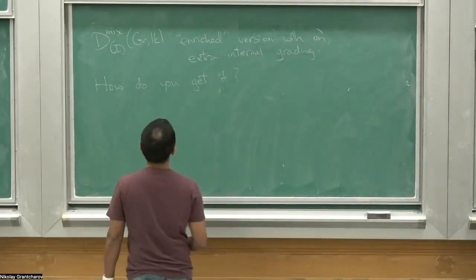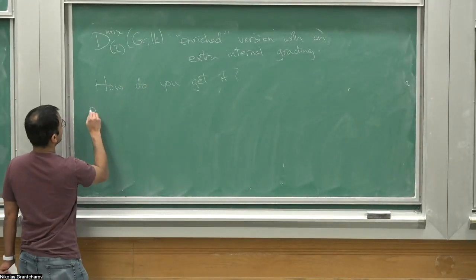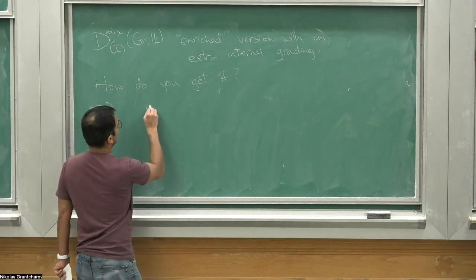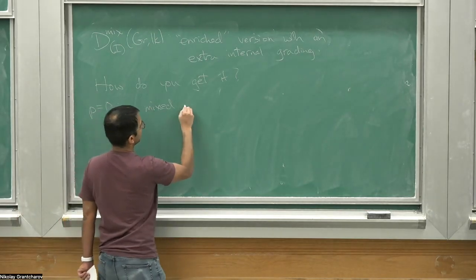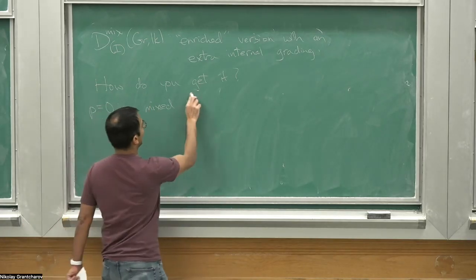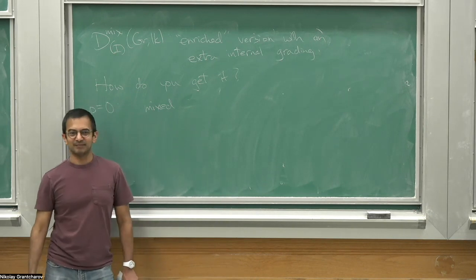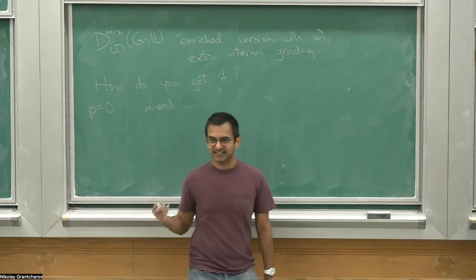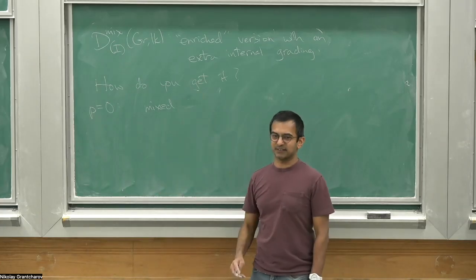So how do you get it? In characteristic 0, I think you can use mixed L-adic sheaves. I shouldn't call it L because the L has to be a prime number, but it doesn't have anything to do with the L, which is my root of unity for the quantum group.